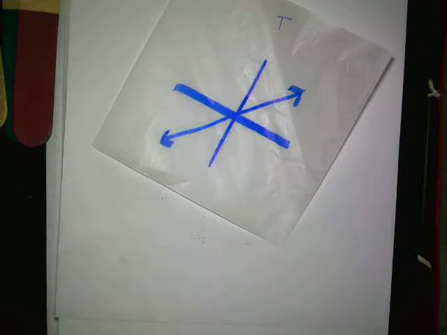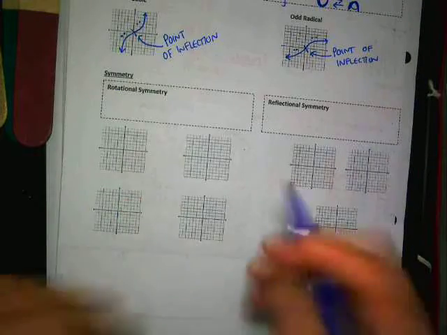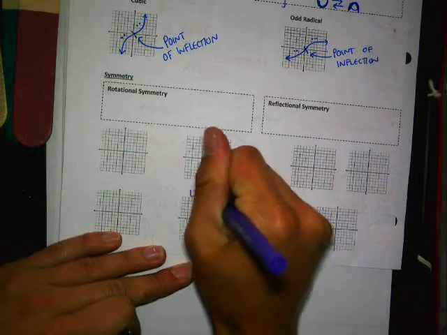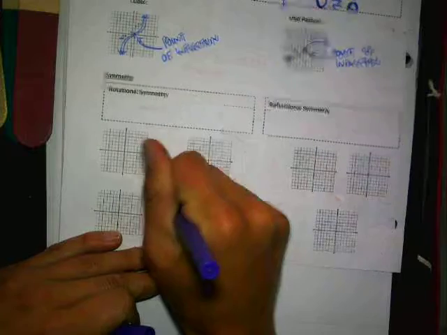So linear is kind of special because there's so many different types of symmetry for this. So if the homework accidentally asks you for symmetry on a linear graph, just put both. All right, so for linear only, linear is kind of special.